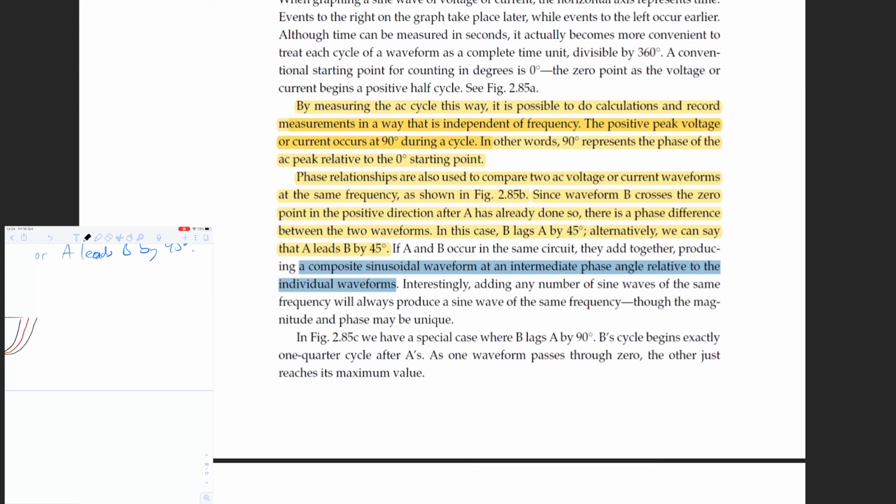Okay. If A and B occur in the same circuit, they add together, producing... I don't even know what to do. Adding waveforms.